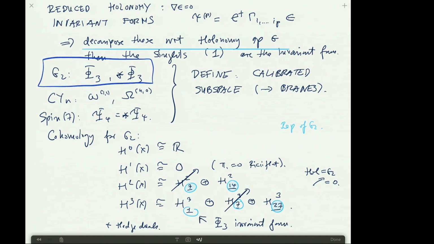So in fact, you will get not exactly G2 if you actually have these guys. So if you have exactly G2, you can show that these guys just have to be 0.